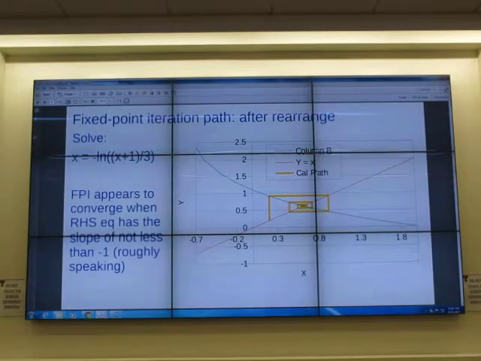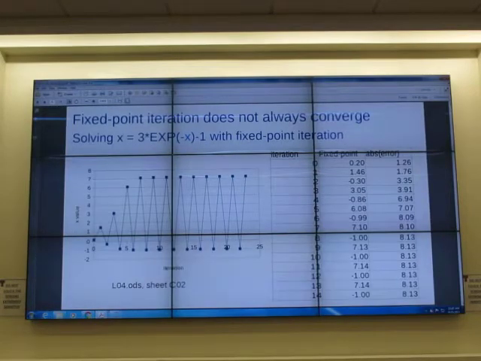And we have the case where it doesn't converge. Sometimes it does this. So this equation is x equal to 3 exponential of minus x minus 1. And it's just jumping around. It doesn't converge to any value, which is not good.